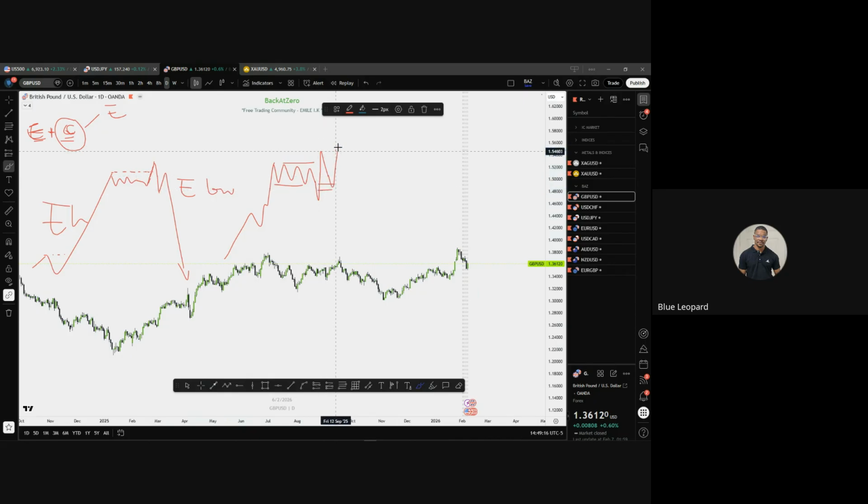Price can happen to continue higher. And even if this is a small expansion, it still applies the same rules. You have to wait for price after an expansion like this to give you either a consolidation like this or a retracement.